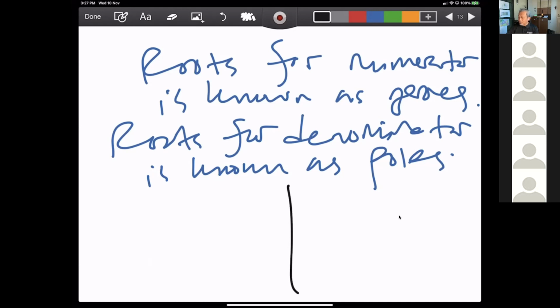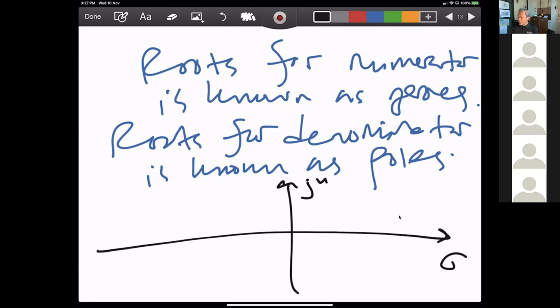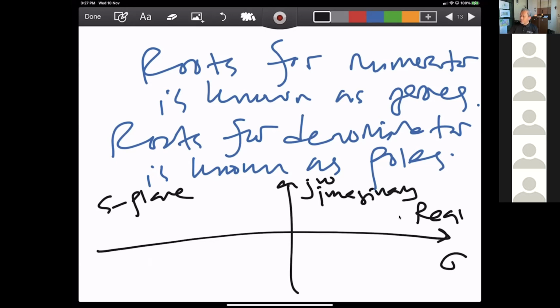Okay. So we can plot it on the s-plane. This one is the real axis. This one is the imaginary axis. Okay. So what were the values?